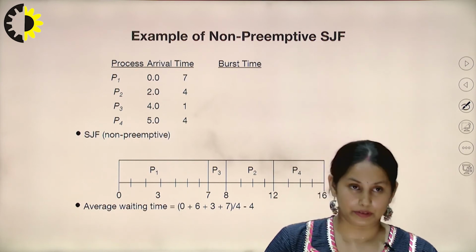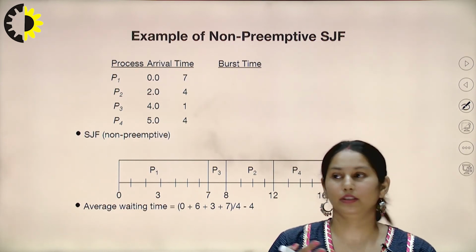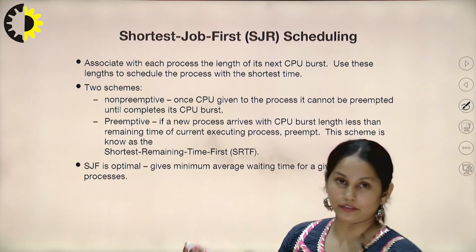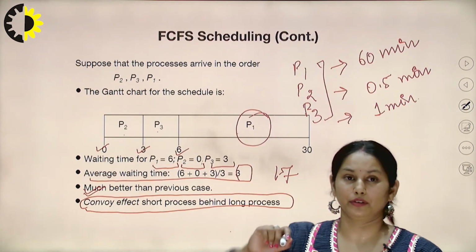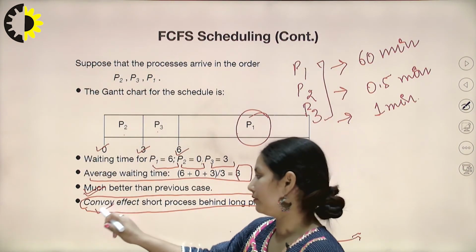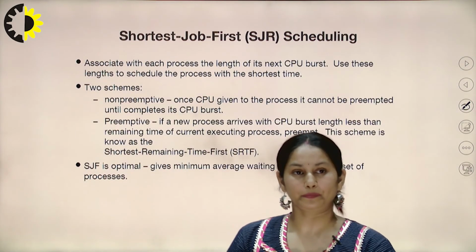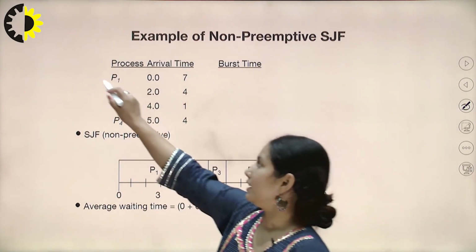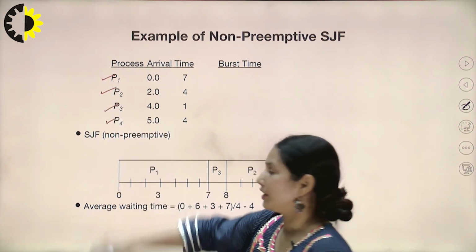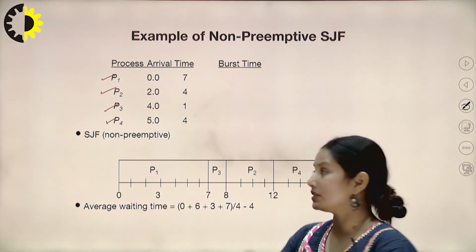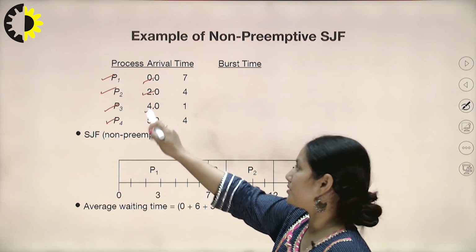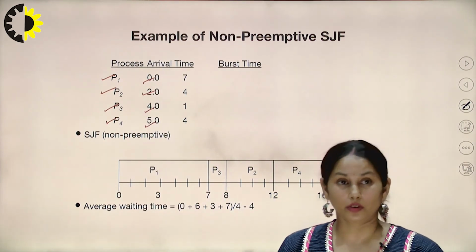So what happens is, you can see in FCFS there is a problem, the convoy effect, that has been eliminated in SJF. How? Let's see. There are processes P1, P2, P3 and P4, and everyone has their arrival time as well, and also the burst time.